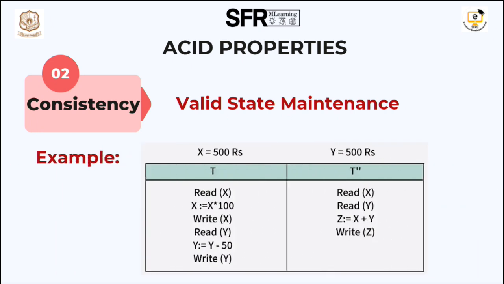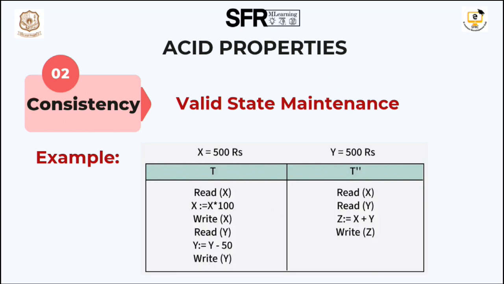Let's see an example for this. Suppose the sum of all balances in a bank system should always be constant before a transfer. The total balance is $700. After the transaction, the total balance should remain $700.